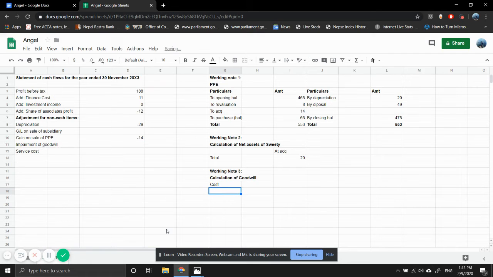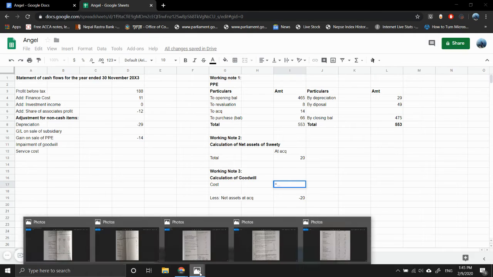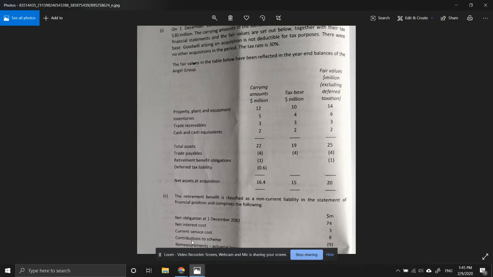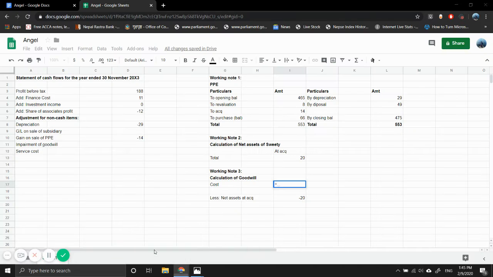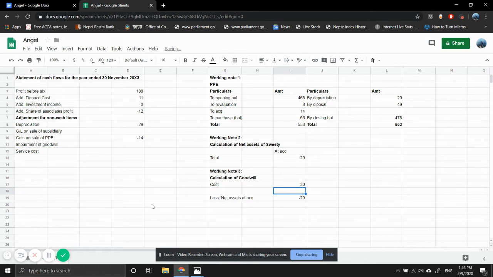Since there is nothing else, minus this. Cost is 30.